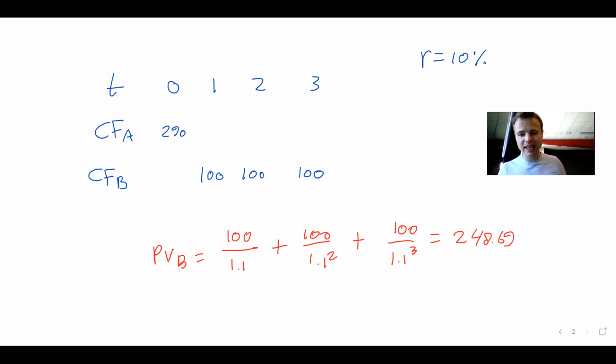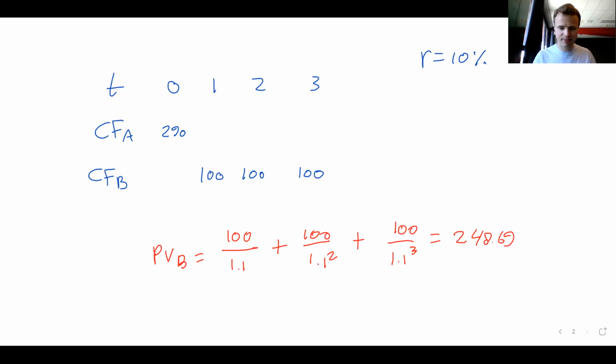Thank you. And then Timmy said, so indeed, A is better than the cash flows from B because this 290 is more than that. So this was just a simple introduction of how you calculate present values. Sometimes you also have to do some sort of investment to gain those cash flows.